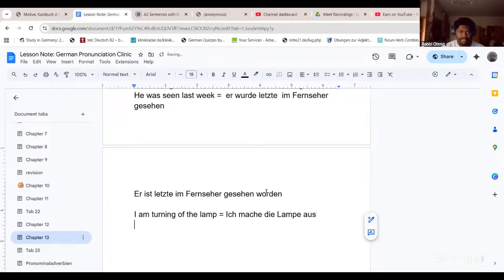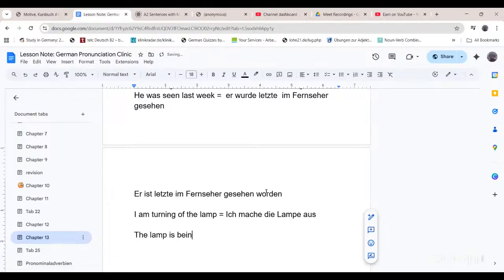Okay, yeah. So now we want to send this sentence to the passive sentence. Now the lamp is what will be our subject. So the lamp is being turned off. "Die Lampe wird ausgemacht."